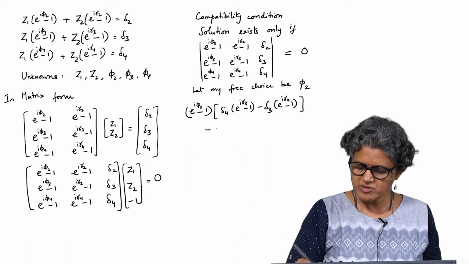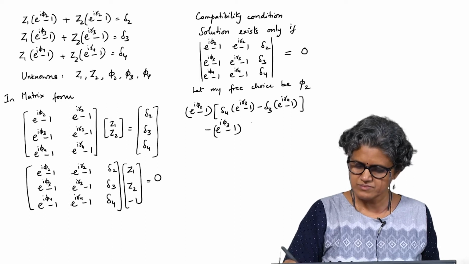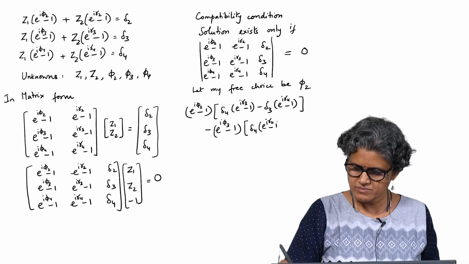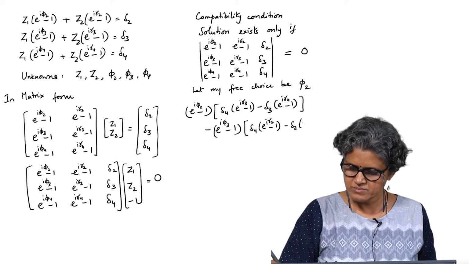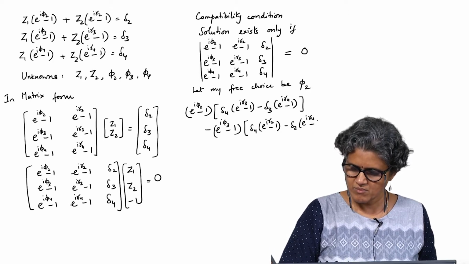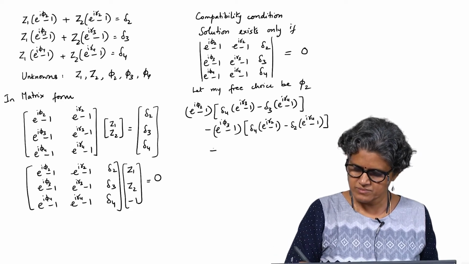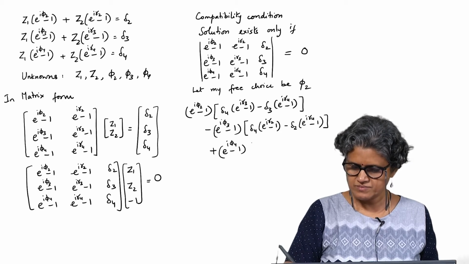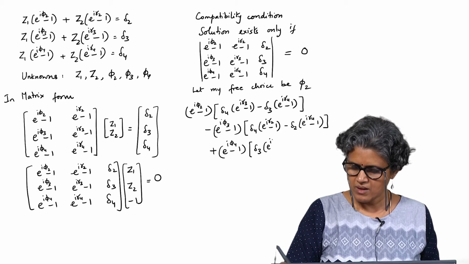Minus, I will expand about the first column because that is where the unknowns are. Plus e to the power gamma 2.